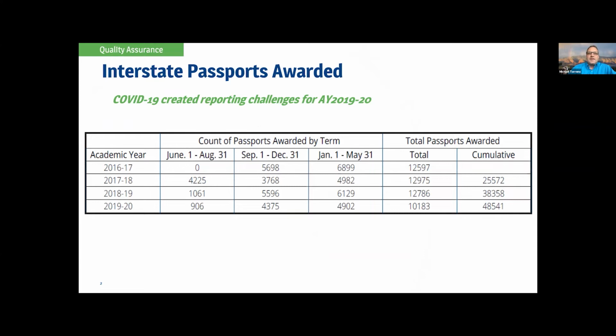What you can see here is that in terms of the official reporting for passports, it has been relatively consistent year on year from 2016-17 all the way through the most recent year in 2019-20. You can see that COVID really impacted our reporting, to a certain extent our awarding, but I also think to a great extent our reporting of passports completed.